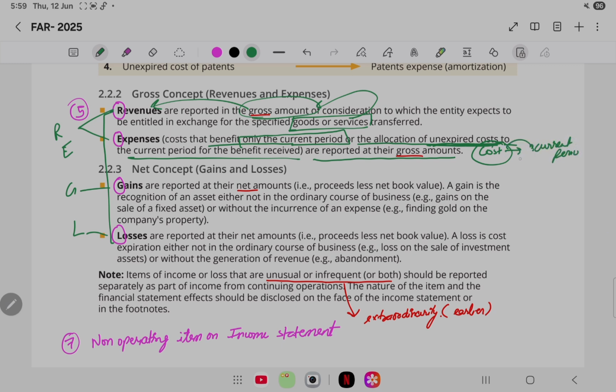If we have already received the services in exchange for the expenses but haven't paid the amount, we also have to include the unexpired cost of the current period.